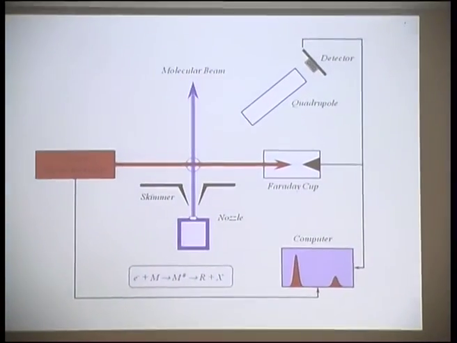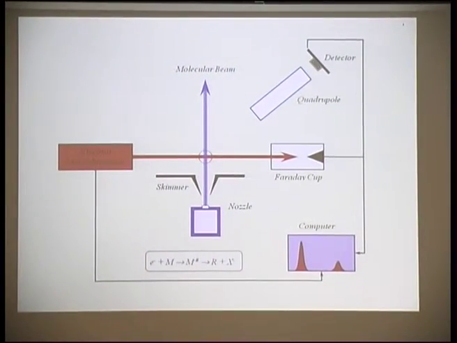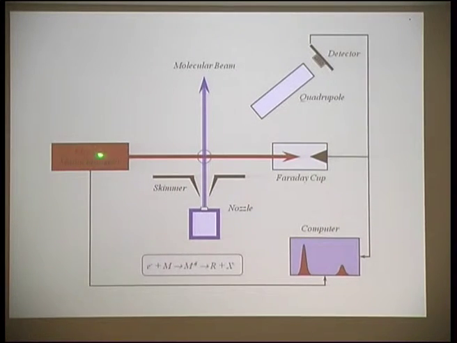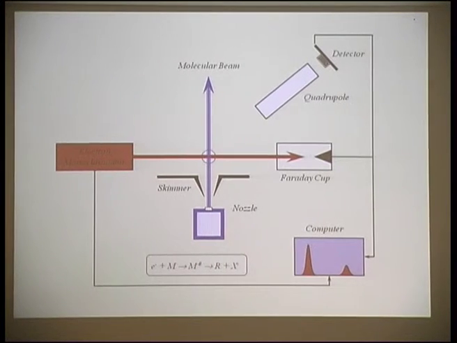One way to look at such processes is in a schematic view, a so-called beam experiment. You have an instrument which produces a beam of electrons, which is quite easy, just emitting from a filament, so that you have a well-defined beam of reasonably good energy resolution.